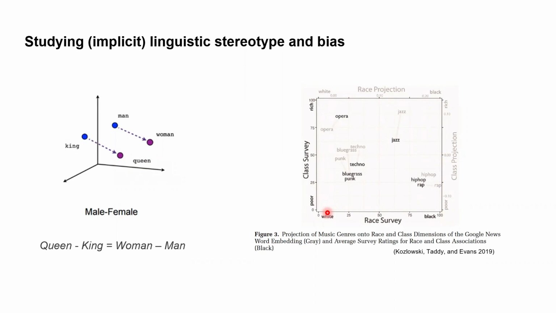And here we have some kind of poor white: bluegrass, punk. It's harsh, but this is academic research, and they are real in our everyday language. This paper is very good as well. I have linked to the article on the web page.